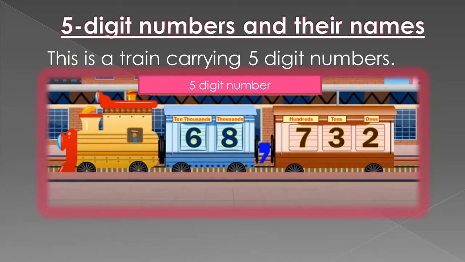The numbers 7, 3, 2 will sit together in the last coach. 8 will sit in the thousands window, and number 6 will sit in the 10,000s window.